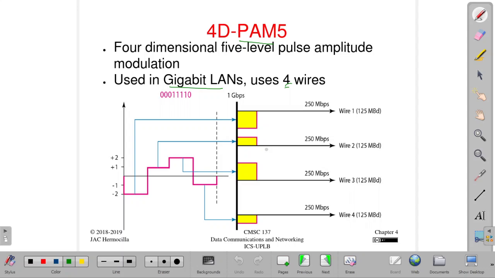To accomplish this, there's an assignment per wire. You have this bit pattern, and they will be assigned to different wires to be able to achieve a 1 Gbps bit rate.